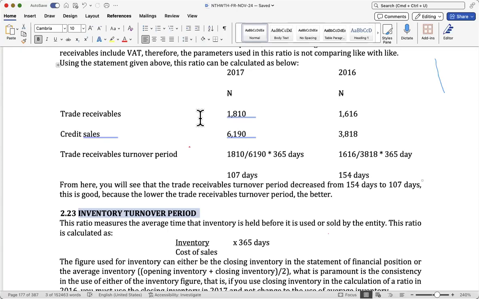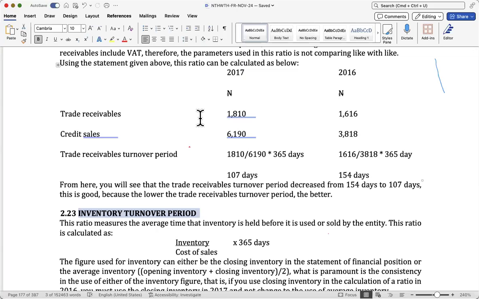Since inventory turnover period is the number of days it takes to sell, and your trade receivable turnover period is the number of days it takes to collect money from customers, the combination of the two is the number of days it takes to convert inventory to cash.